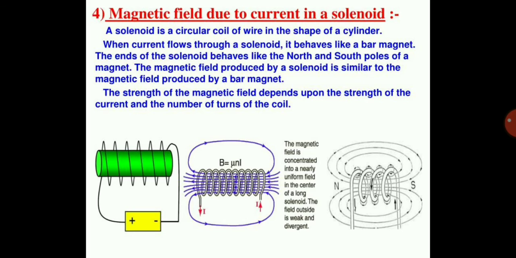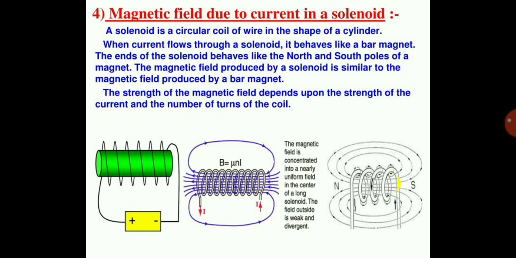The magnetic field is concentrated into a nearly uniform field in the center of a long solenoid. The field outside is weak and divergent. See here, the third figure. What is happening inside the solenoid?